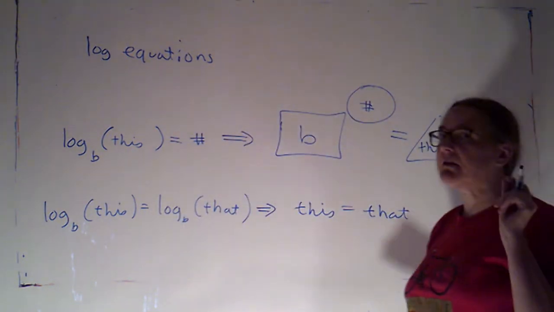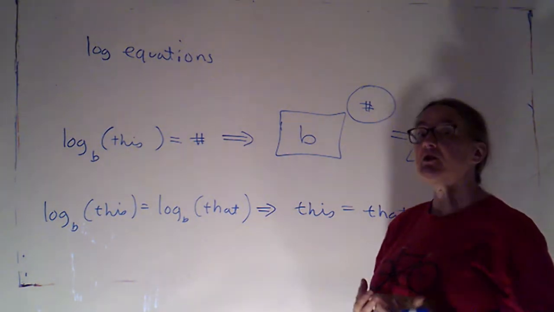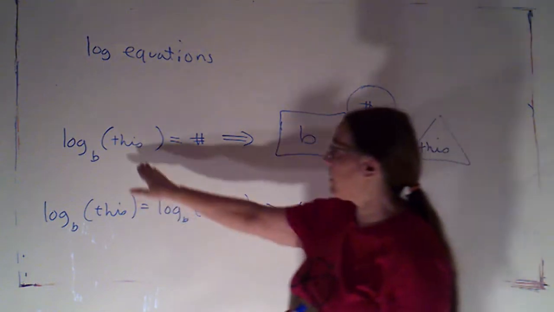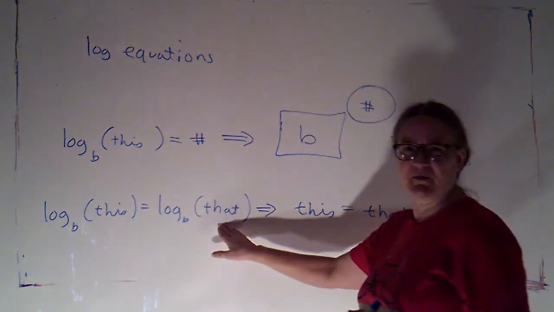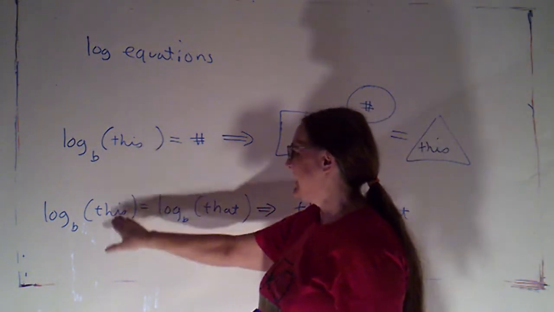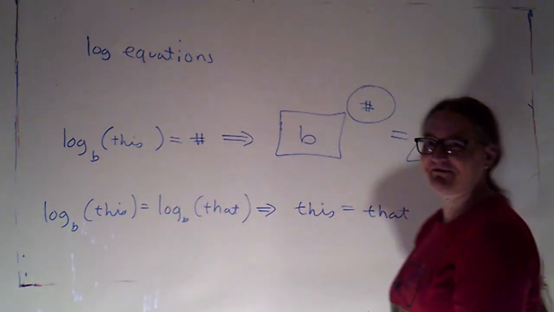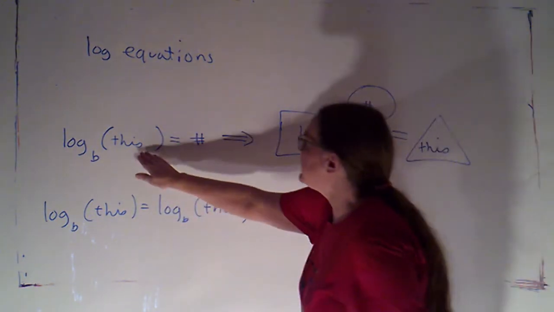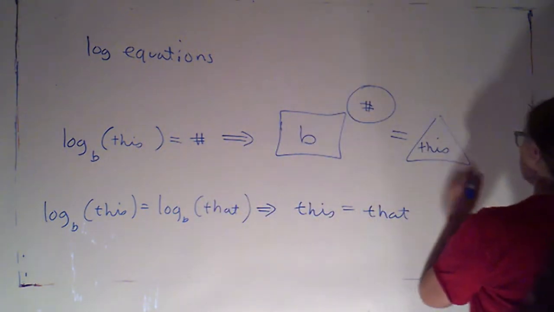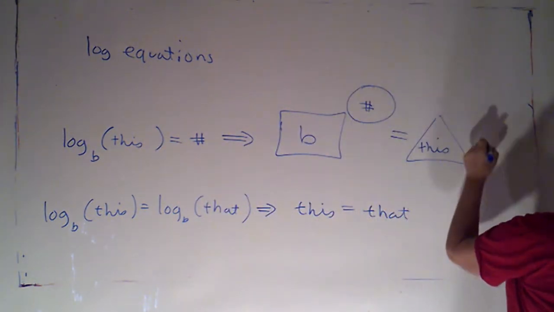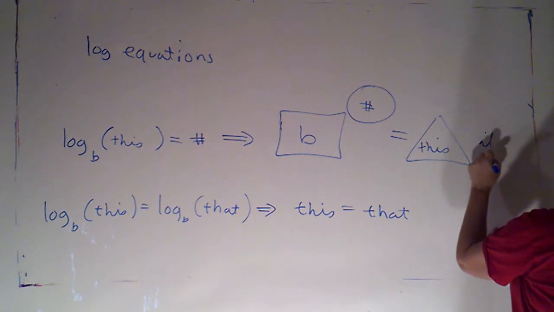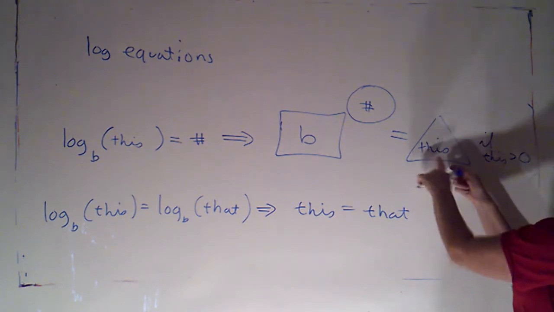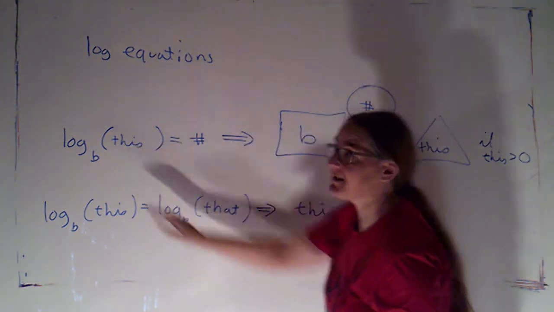Anytime you have a log, there are restrictions on your argument. And generally speaking, our argument is going to be where our variables are. We're going to have variables in the thises and the thats, as I've written it here. Okay? So there are going to be some restrictions on things. So this can only be true if this thing is positive.